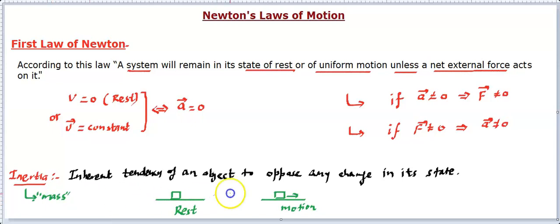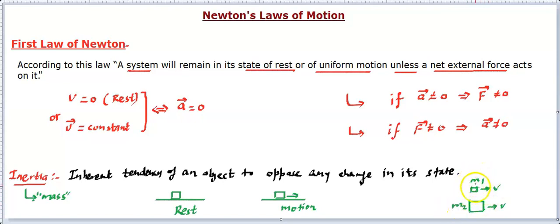And you can think of, let's say, two objects. One is a small object moving with velocity v, and one is a large object moving with velocity v. They will oppose their change in motion, right? And if you want to stop both of them, which is going to be easier to stop? You can think of the smaller one because it has less mass. The larger one has a high mass.